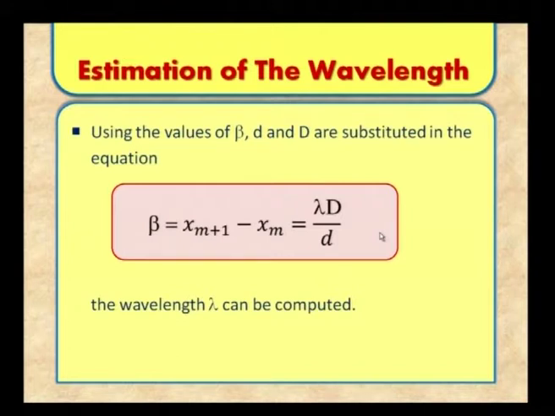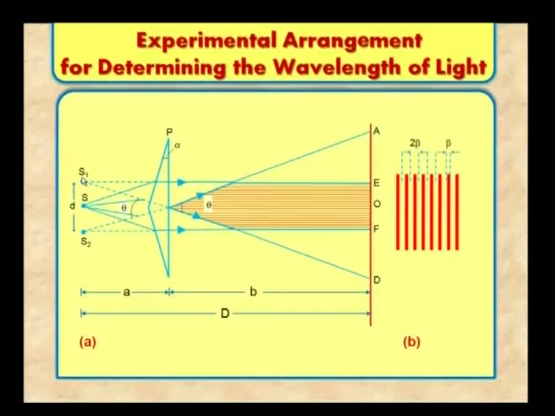Fresnel biprism experiment is an important experiment which enables one to determine the wavelength of the monochromatic source. You determine the wavelength by making use of a biprism and by constructing two coherent sources and making the two coherent sources interfere with each other.